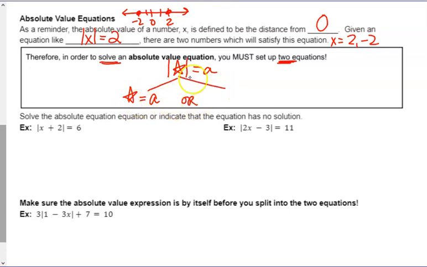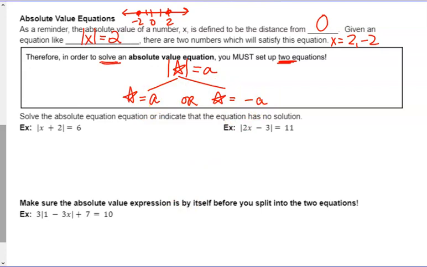Or what's inside here, that star value, had to equal the opposite of that. So that means what's inside there has to equal the opposite of a. This creates two separate equations. They will be solved alike, but they will give you two different answers because you're starting with one being a positive a and the other being a negative a.